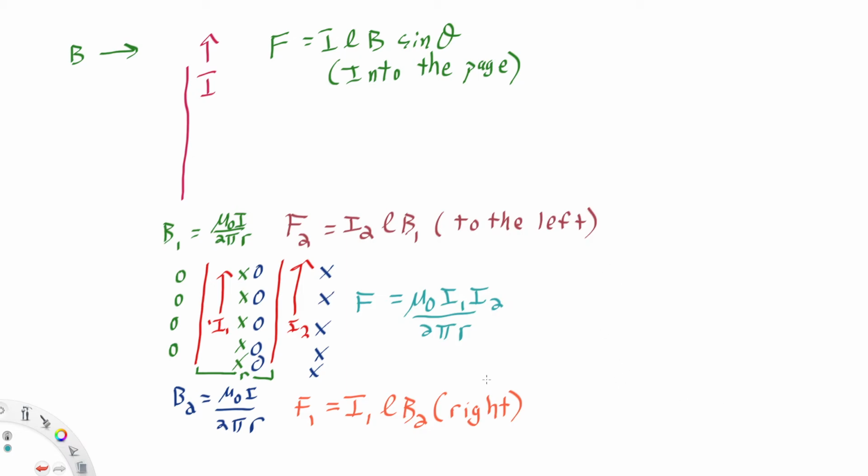Okay. Questions or comments? Question. Yeah. In order to change the direction of the B field, we just change the direction of the current. You got it. Okay, thank you. So if I1, for example, had been pointing down, then the right-hand rule would suggest that the B field it creates was circulating in the opposite direction.